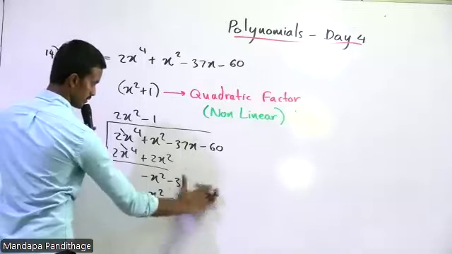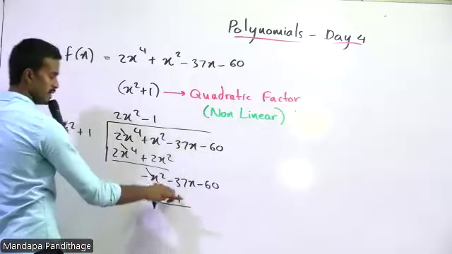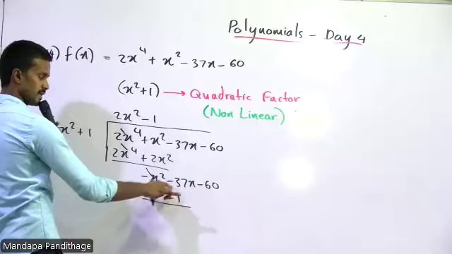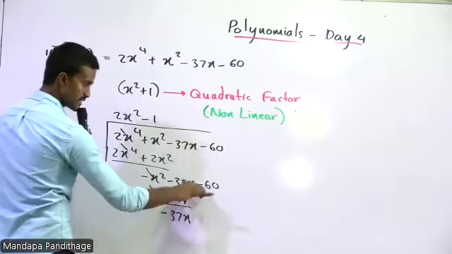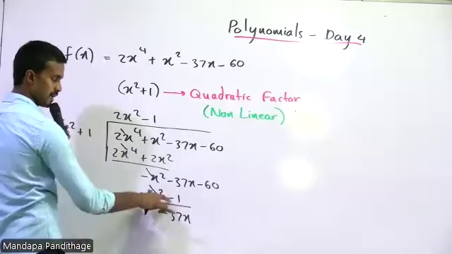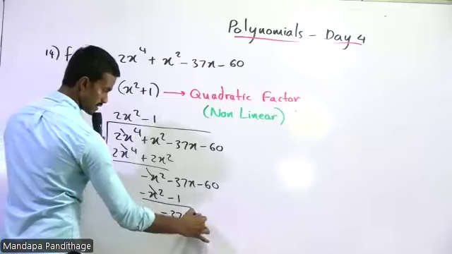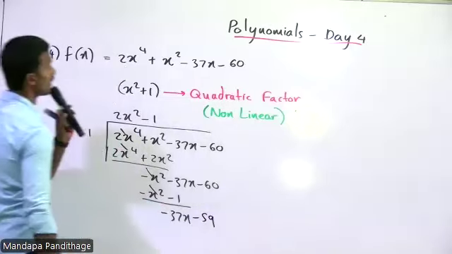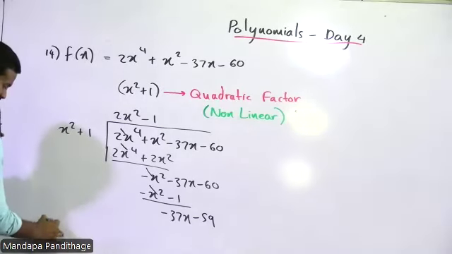Okay, so when you subtract these two, these cancel off. There's no one to get subtracted by minus 37x, so it directly comes down. It's minus 37x, and minus 60 minus minus 1 is plus 1, which gives you minus 59. Okay, so this is what you get. You are getting an ugly remainder, but never mind, that is the answer.